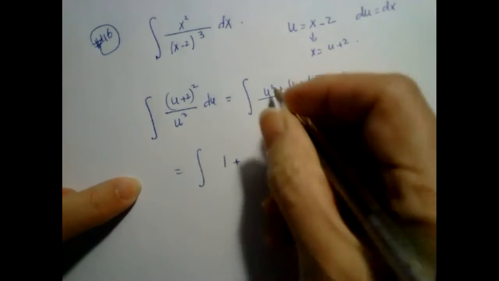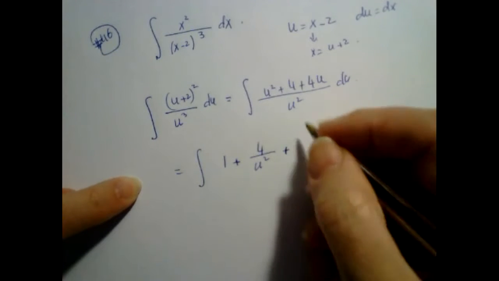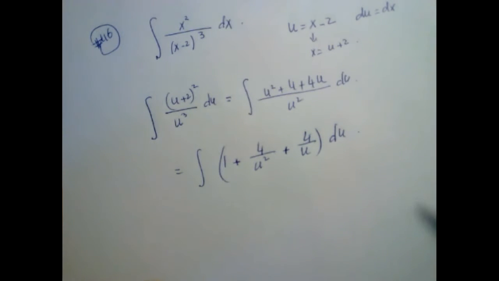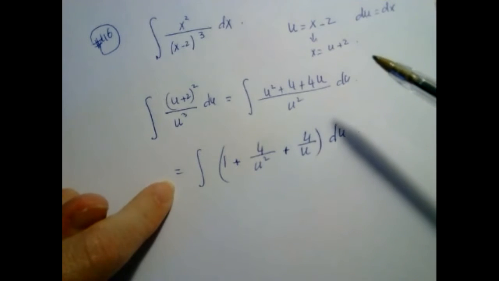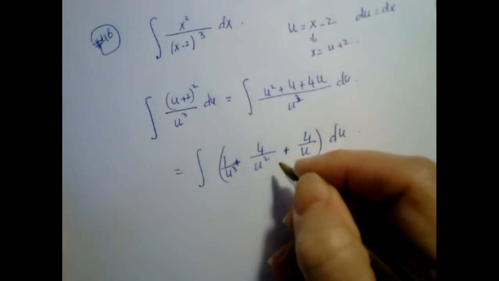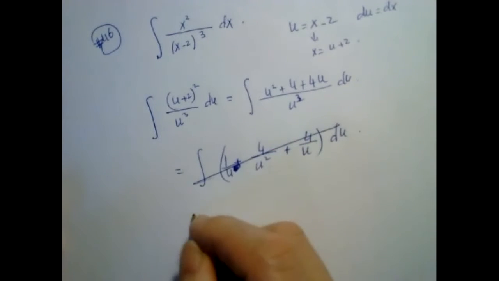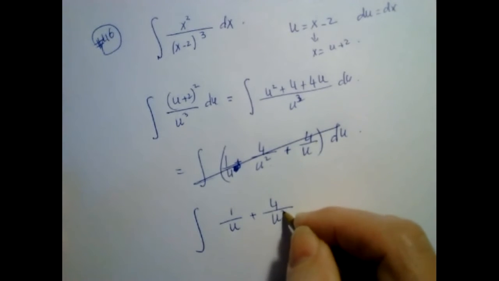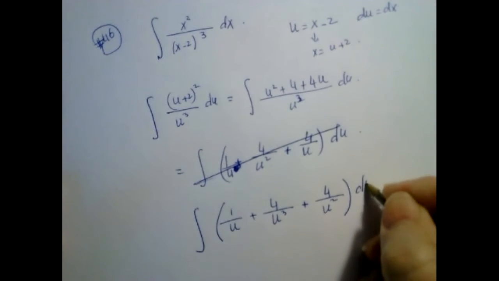So finally, I will have u squared over u cubed is 1 over u, I'm splitting the numerator, plus 4 over u cubed plus 4 over u squared du.